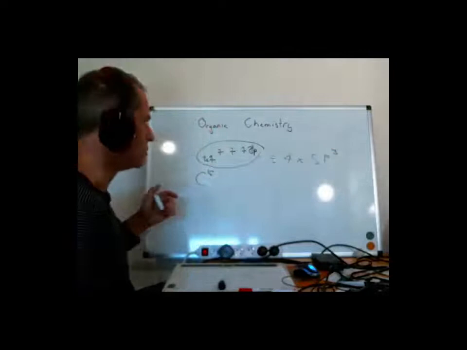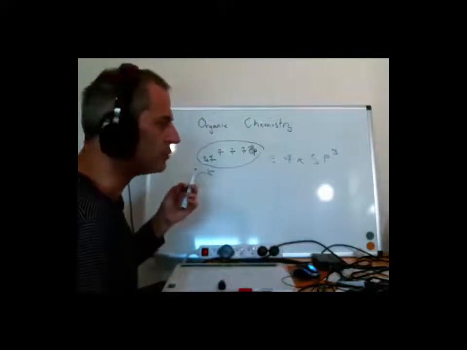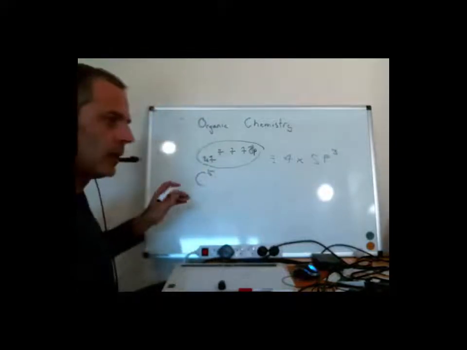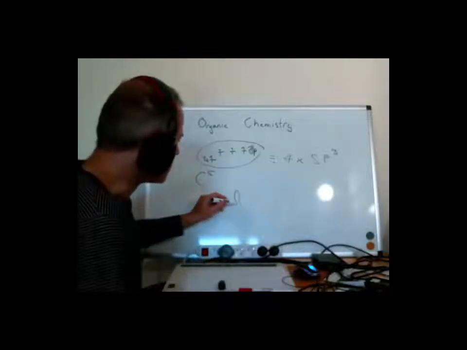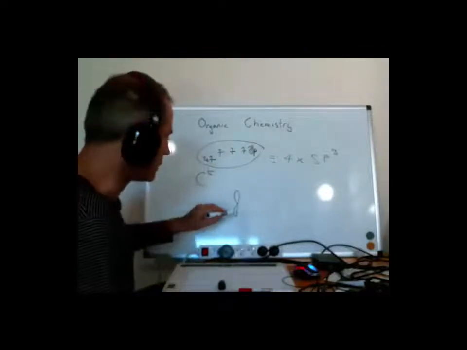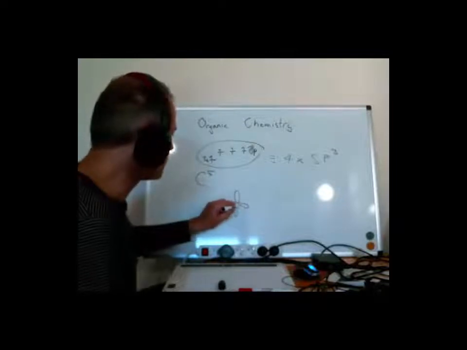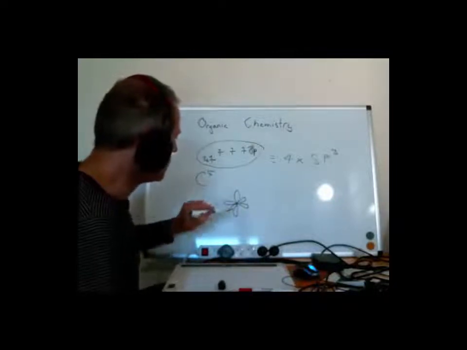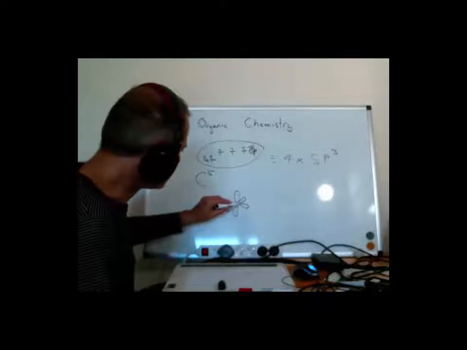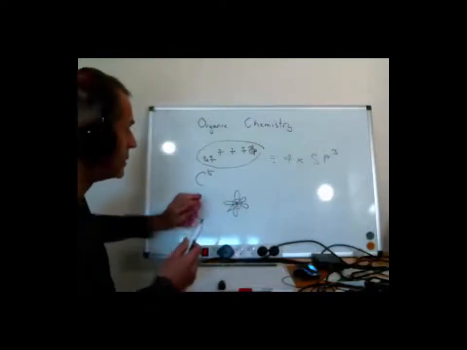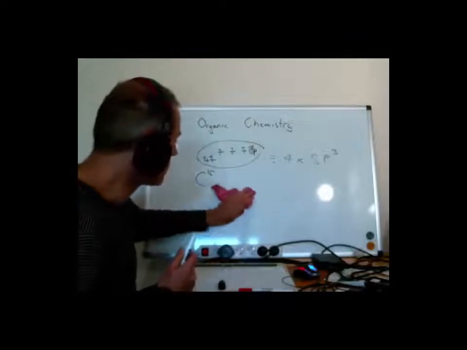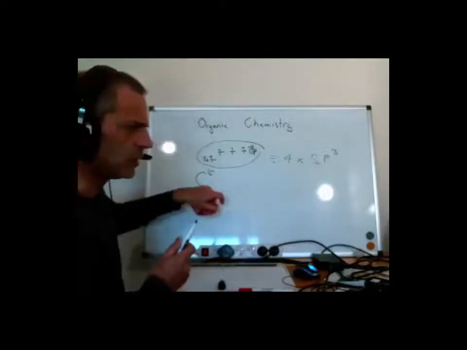It's not really cubed because there are only 4 of them. I'm going to have to draw them here. So normally the p orbitals are like this, and there are 4 of them, and they are in an octagonal structure, and the s orbital is in the middle as a sphere. About this, it's a bit bigger than that.